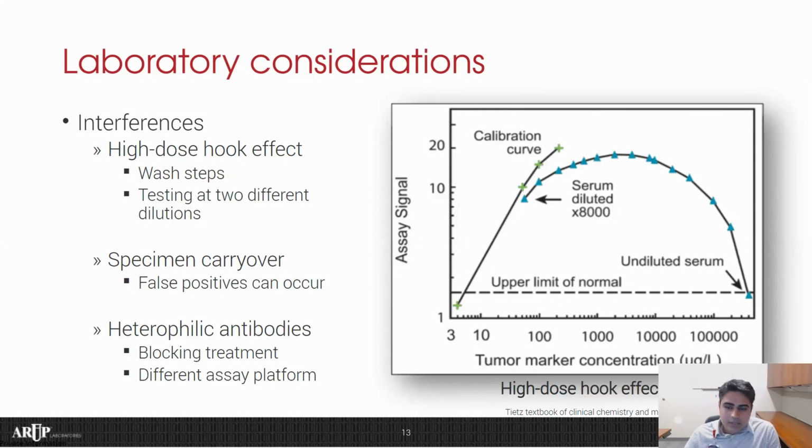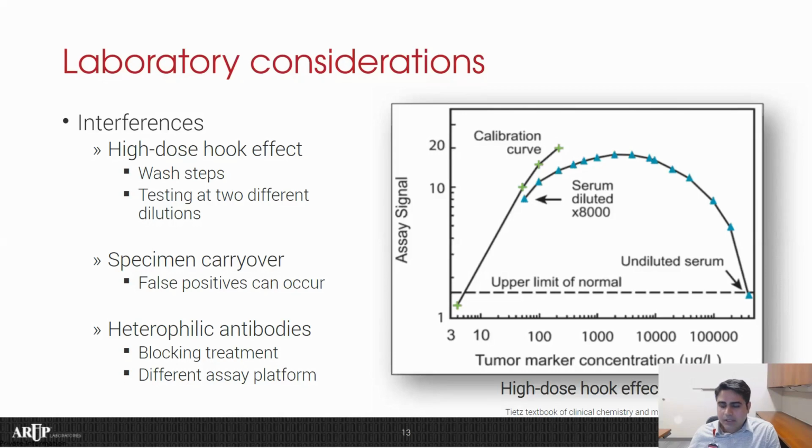And when there is antigen excess, that can lead to high dose hook effect, as is shown on your right in a graph. You can see that on the extreme right, there is an undiluted, neat serum specimen, which tested at a very low signal level and falsely underestimated the amount of tumor marker.